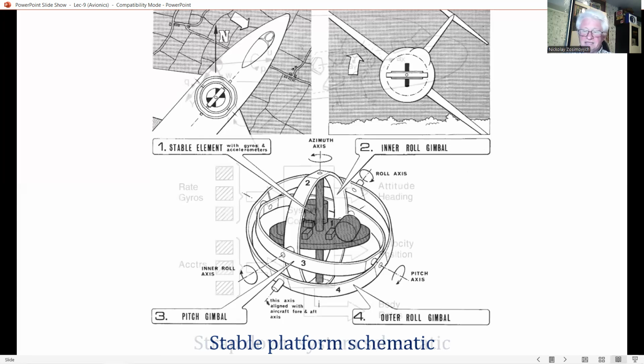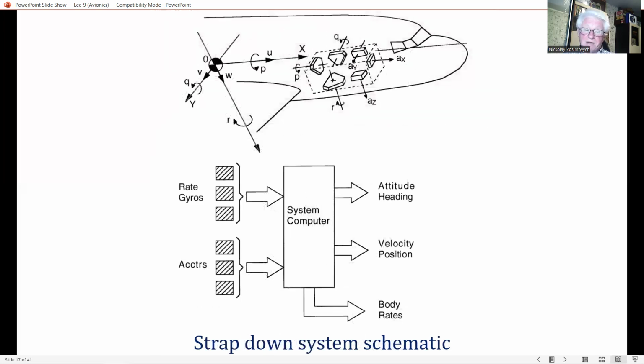And now let's come to the strap-down system. This figure illustrates the strap-down AHRS or INS concept. The derivation of the Euler angles from the body rates of rotation will be explained a bit later. Don't worry.